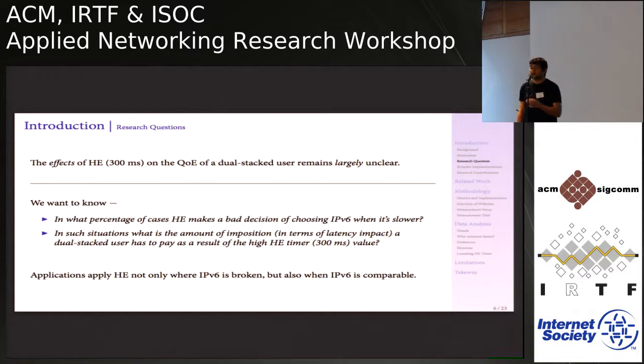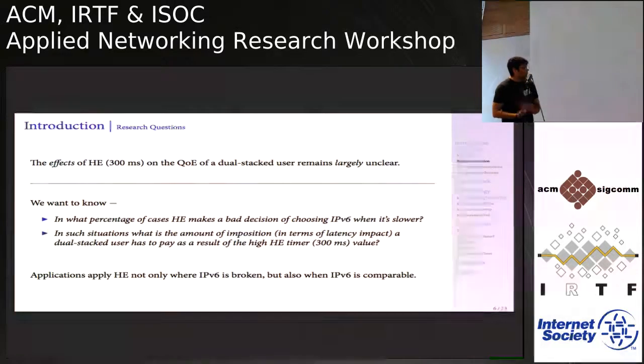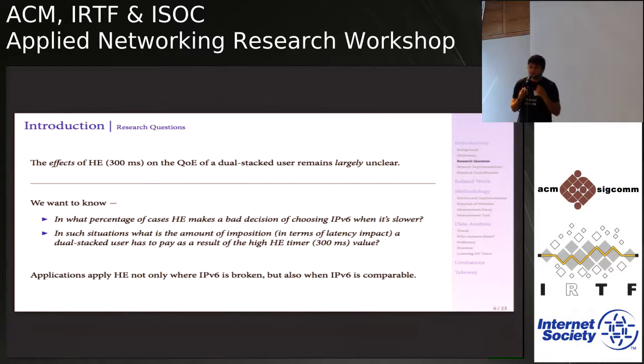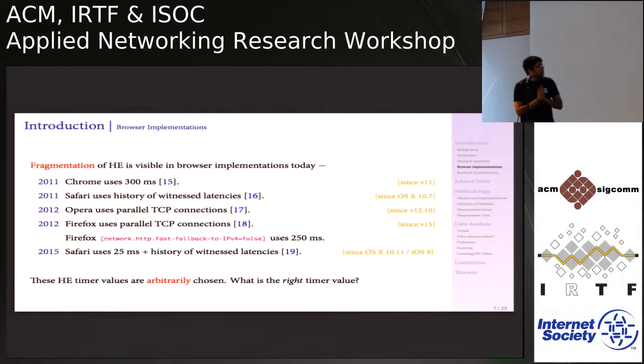And in those situations where it is making that bad decision, what is the amount of imposition, particularly in terms of latency, because latency is important today, happening on clients. And this is particularly important to study because applications on top of TCP will not just apply Happy Eyeballs in situations where V6 is broken, but also in situations where V6 is comparable to V4, right? Okay, so next slide, please.